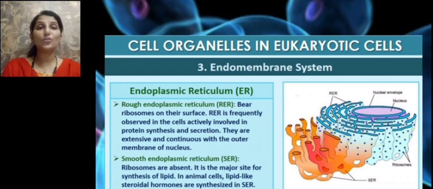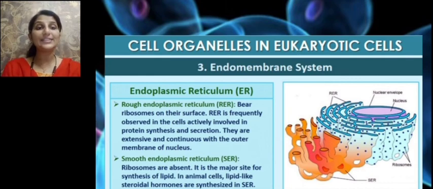Those endoplasmic reticulum which have ribosomes on their surface are called rough endoplasmic reticulum, and are frequently observed in cells actively involved in protein synthesis and secretion, because we know the function of ribosomes is protein synthesis, or helping in translation.